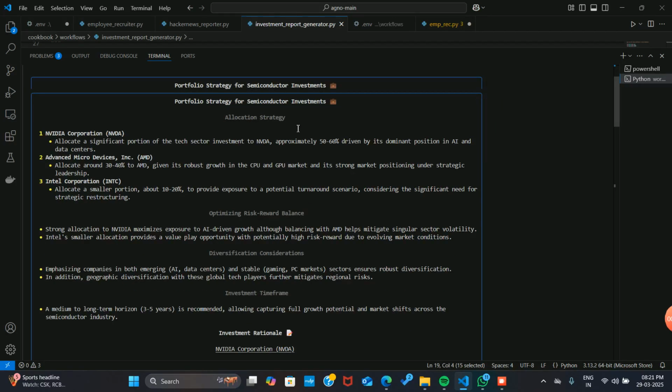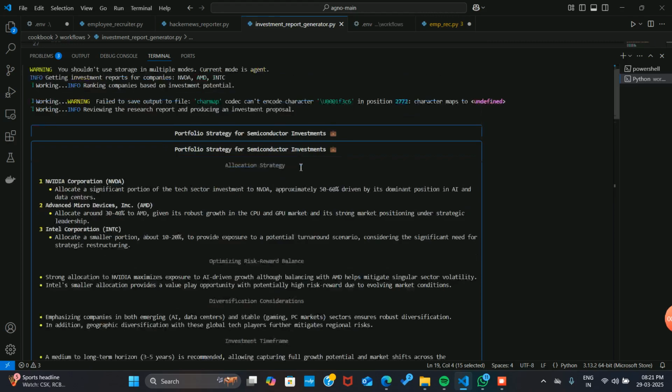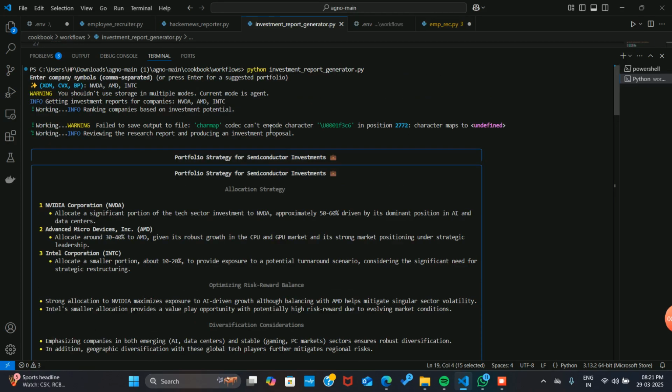The first one is the allocation strategy. I have given it NVIDIA, AMD, and Intel Corporation. AMD is popularly known as AMD, but it is Advanced Micro Devices. And obviously, NVIDIA needs no introduction in today's world.